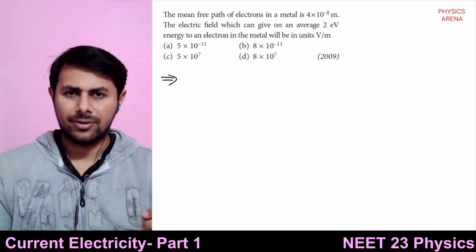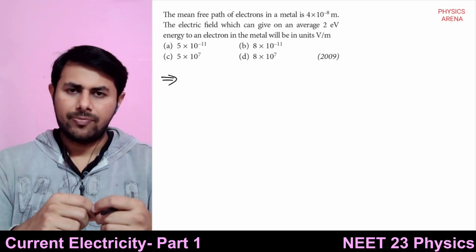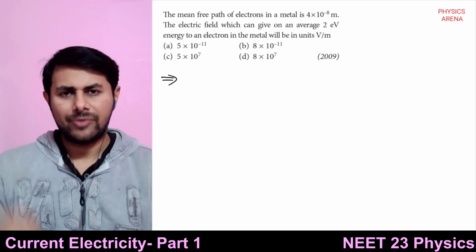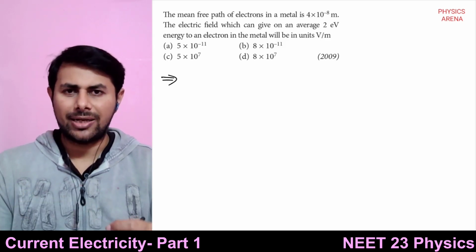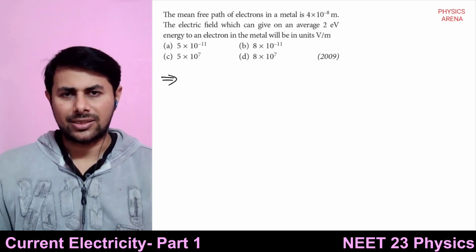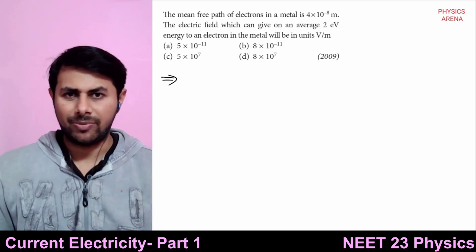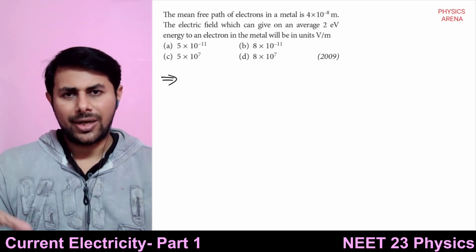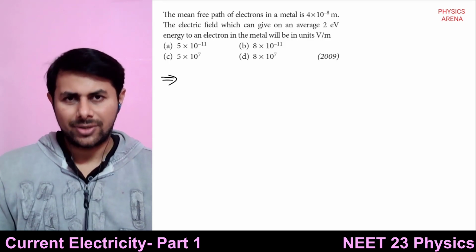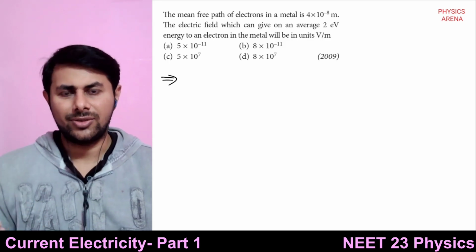It is the path traveled by an electron between two successive collisions. Okay, the distance covered by an electron between two successive collisions is free path. So the average distance covered by an electron between two successive collisions.